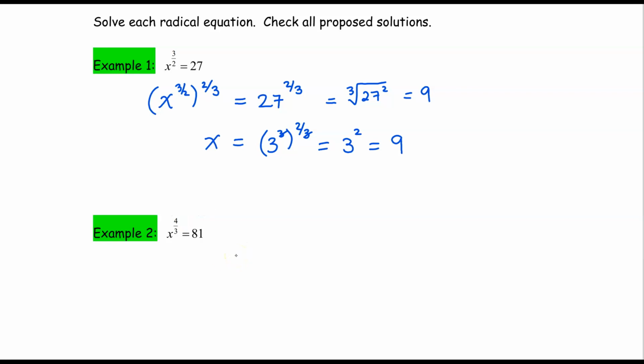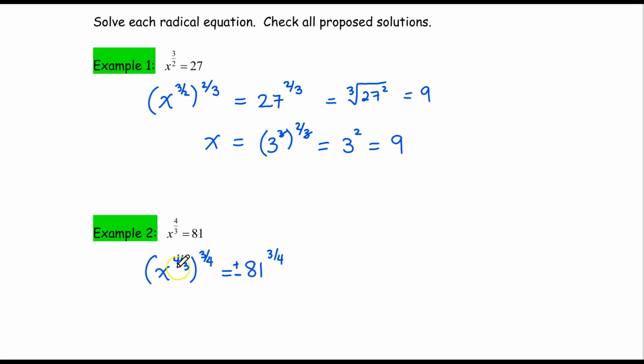We would have to raise both sides of the equation by the reciprocal of the power of x. The reciprocal of 4/3 is 3/4, so you raise both sides of the equation by 3/4. So you have 81 raised to 3/4. Again, since this is even, we will have to add plus or minus here, so it will have 2 roots.